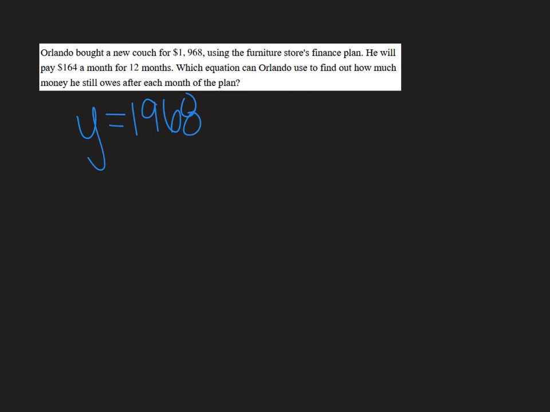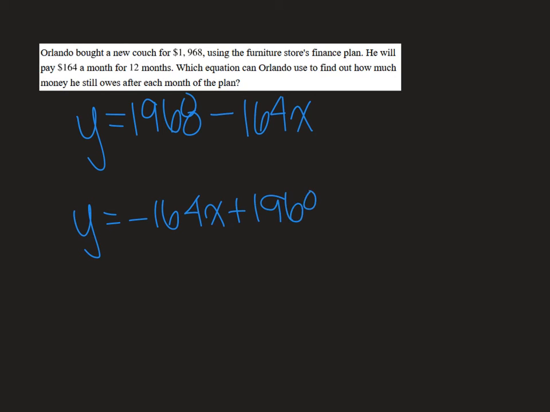And since he's going to be paying on it, we're going to subtract the $164 per month. This is not our traditional y equals mx plus b, so you may also have to look and see if this was negative 164x plus 1968. But both of these equations mean the same thing.